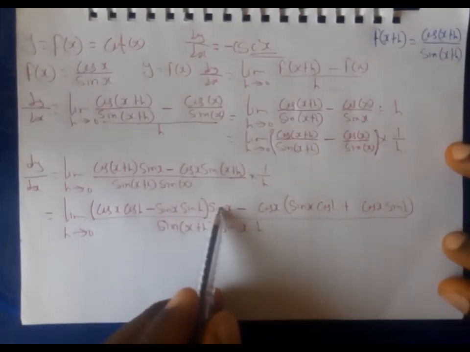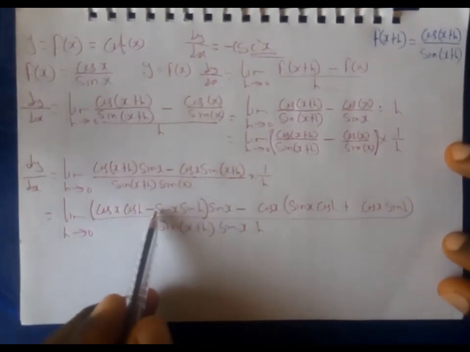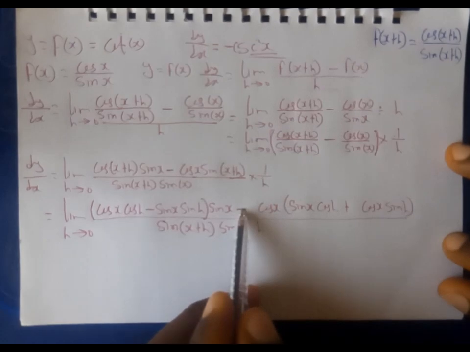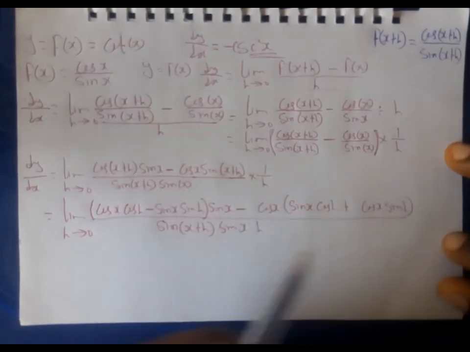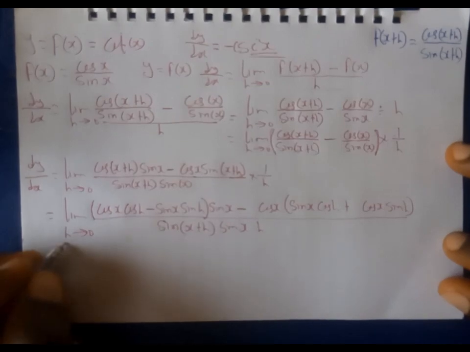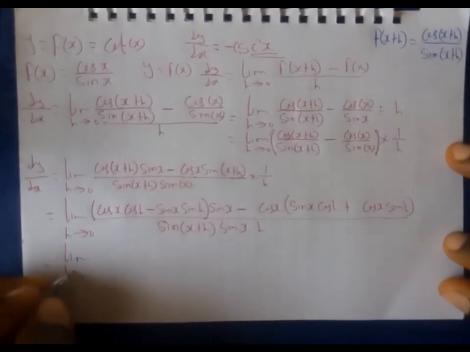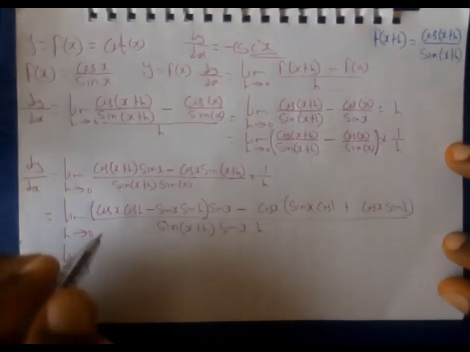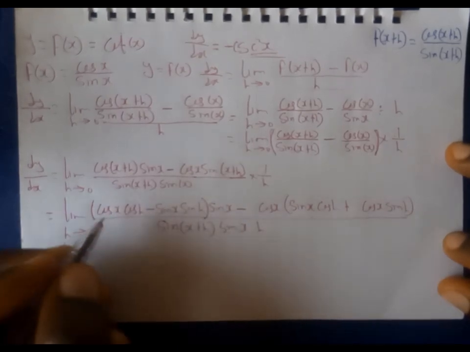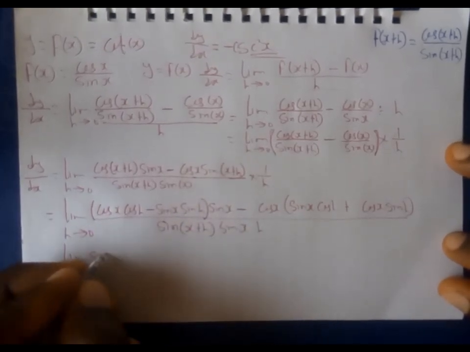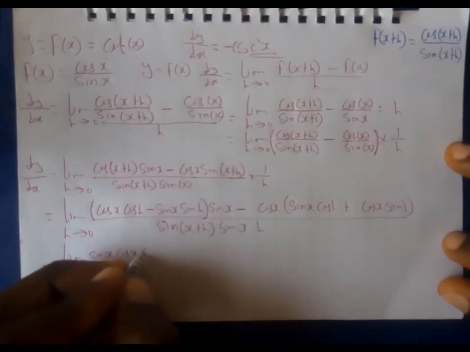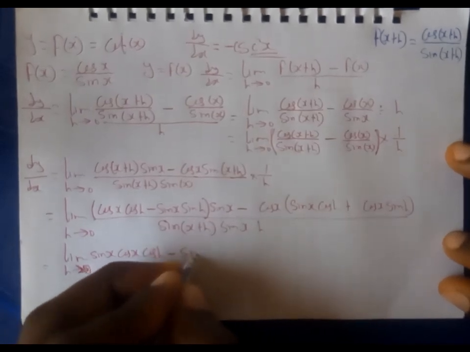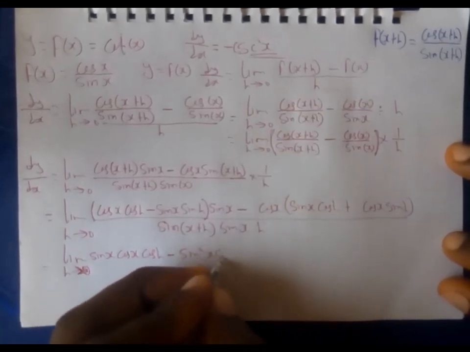The next thing is to distribute this sine x to these entire terms within the parentheses. And similarly, we should distribute the negative cos x because this negative belongs to this cosine. So we distribute it along. So we now have equal to the limit as h approaches 0. Okay, perfect. Hope you can see that. So sine of x times cosine h gives us sine x cosine x cosine h. Good. Then we multiply it with this again. We have negative sine squared x sine h.